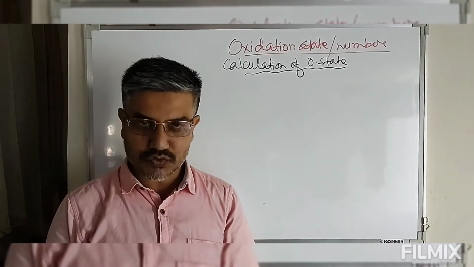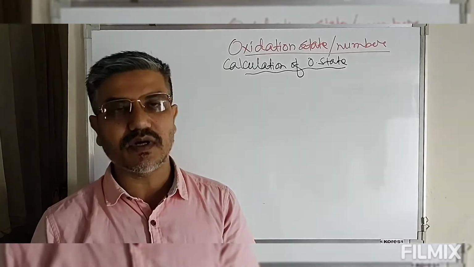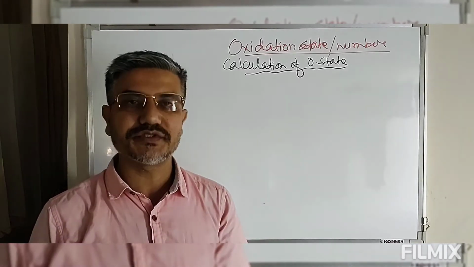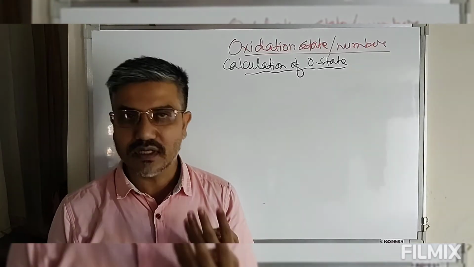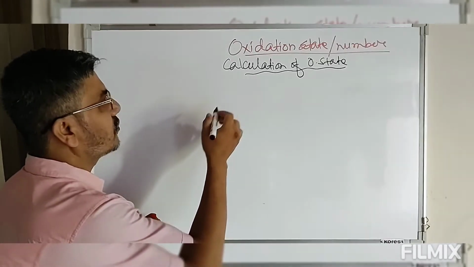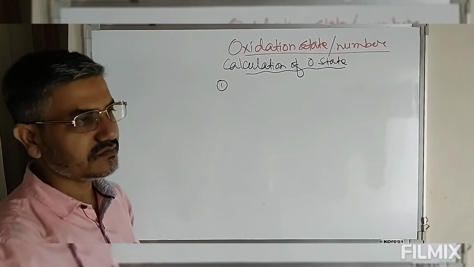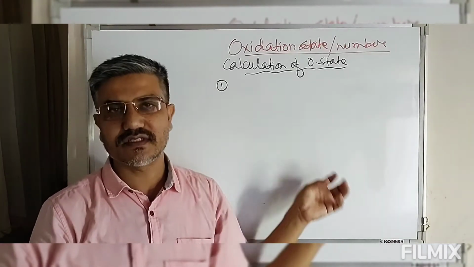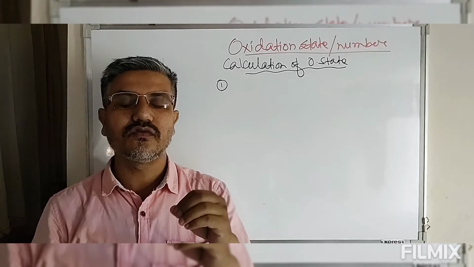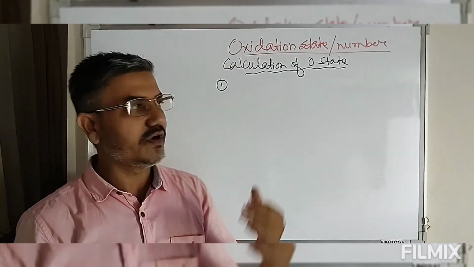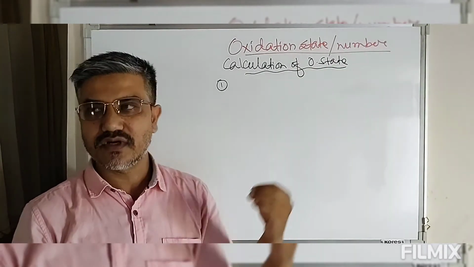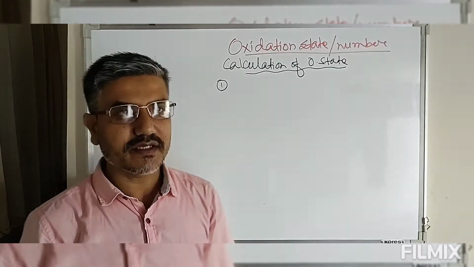By use of these rules, we can easily determine the oxidation number of that particular atom. Before actually defining the oxidation state, let me give you a brief idea of the rules to be followed while determining the oxidation state of that particular combining atom.